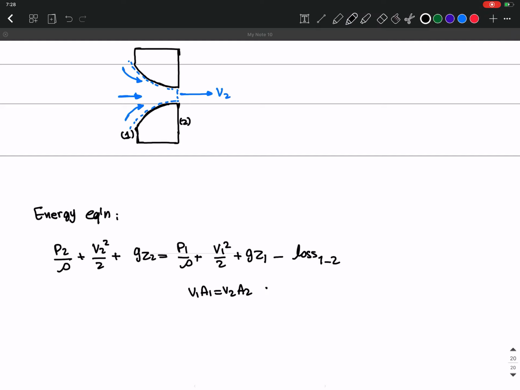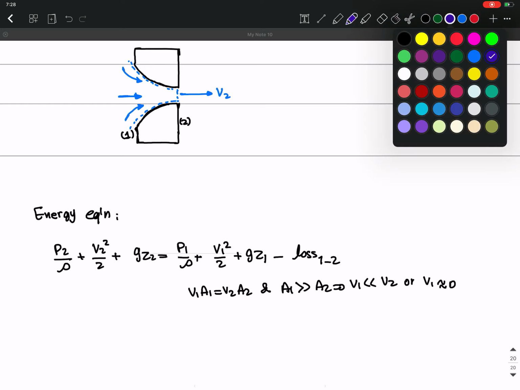So we can assume that V1, again, because A1 V1 equals A2 V2, and A1 is much greater than A2, so V1 is much smaller than V2, or V1 is almost equal to 0. Okay, so we can just neglect that.